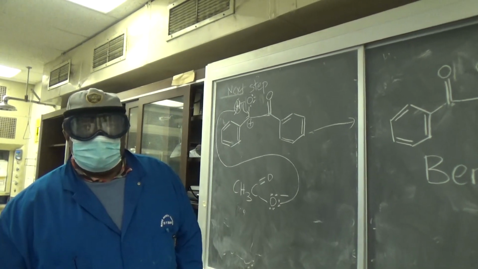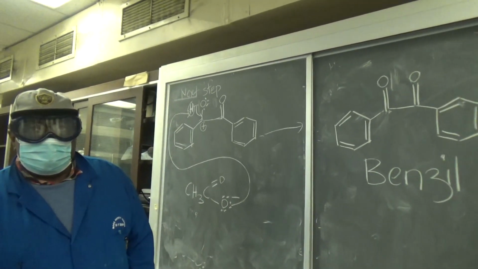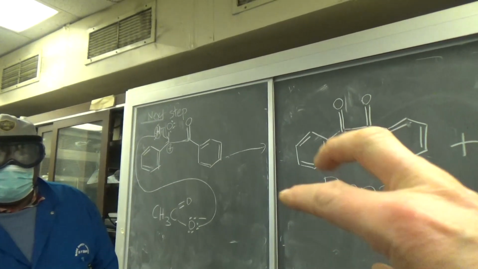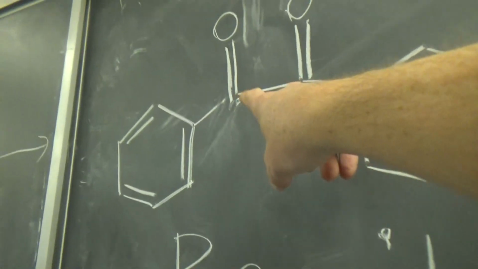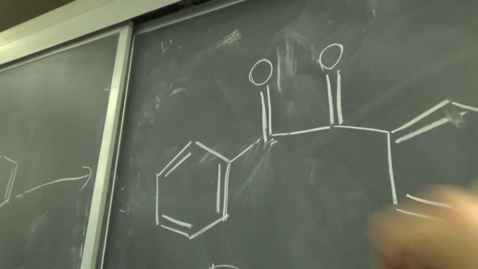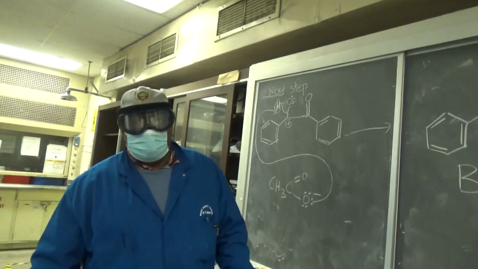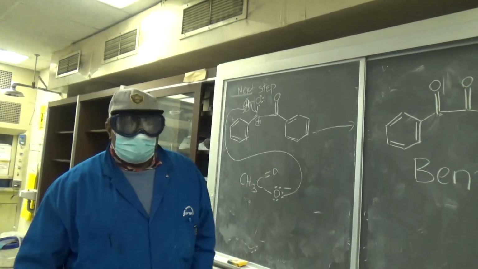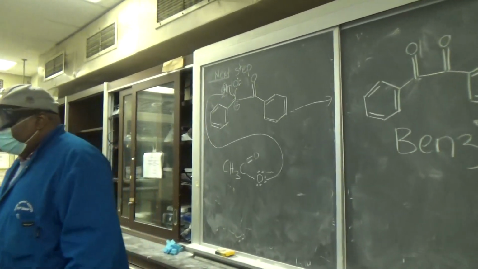Because you are oxidizing: initially you had 1 bond to oxygen, the alcohol, then you oxidize it and get 2 bonds to oxygen. We call that an oxidizing reaction, which is basically the oxidation of a secondary alcohol to a ketone.